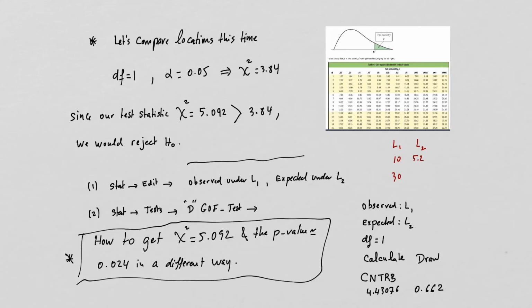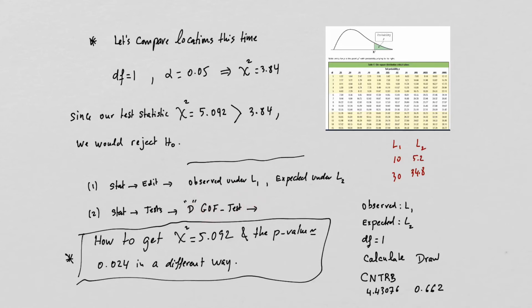So you fill your tables under L1 and L2. You go to stats, tests. You go to letter D. It's called goodness of fit test. That's how it looks on the TI.